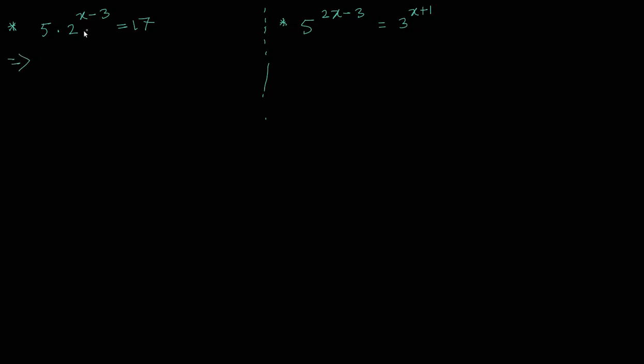Here you see I have an exponential, which is 2 power x minus 3, and then it is multiplied by 5, which is equal to 17. Now what I am going to do is divide both sides by 5.